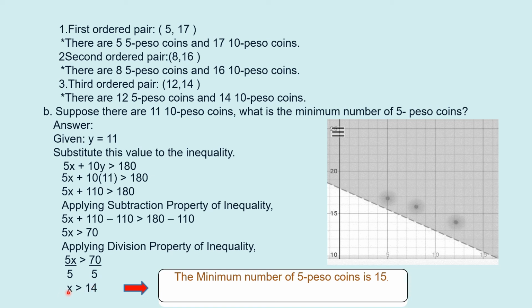The 5 cancels, and x will be greater than 70 divided by 5, which simplifies to 14. So, x is greater than 14. It means that the minimum number of 5 peso coins for our solution is 15.